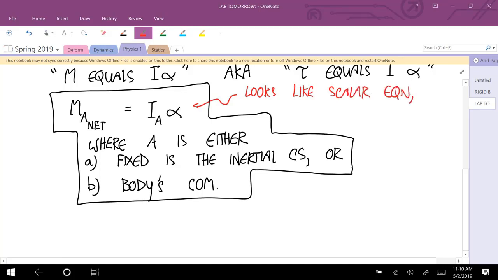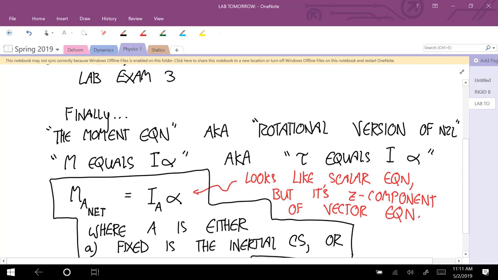But it's really just the z component of a vector equation. And that's because we're doing all our calculations in 2D. All of this stuff is for 2D only. Anybody have any questions clarifying that?